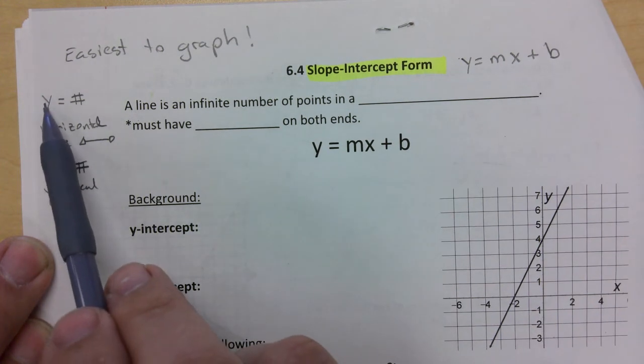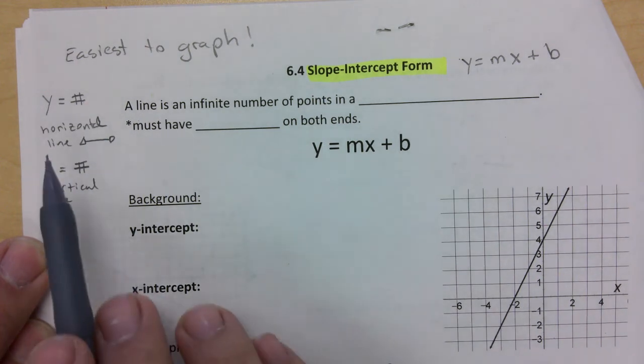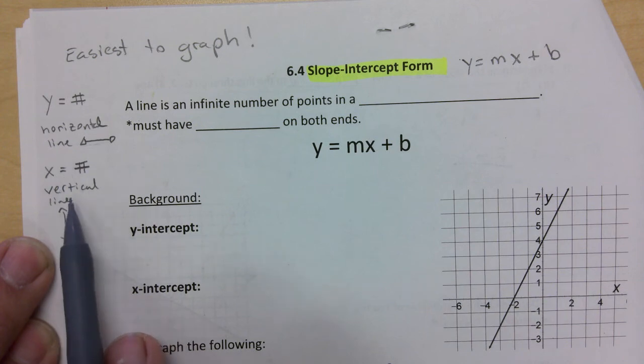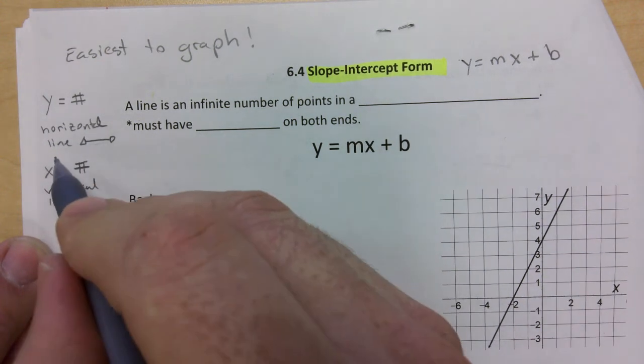So if you ever have y is equal to a number, no x, no other variable, it's just a horizontal line. If it's x is equal to a number, it's a vertical line, and so maybe let's add that here.